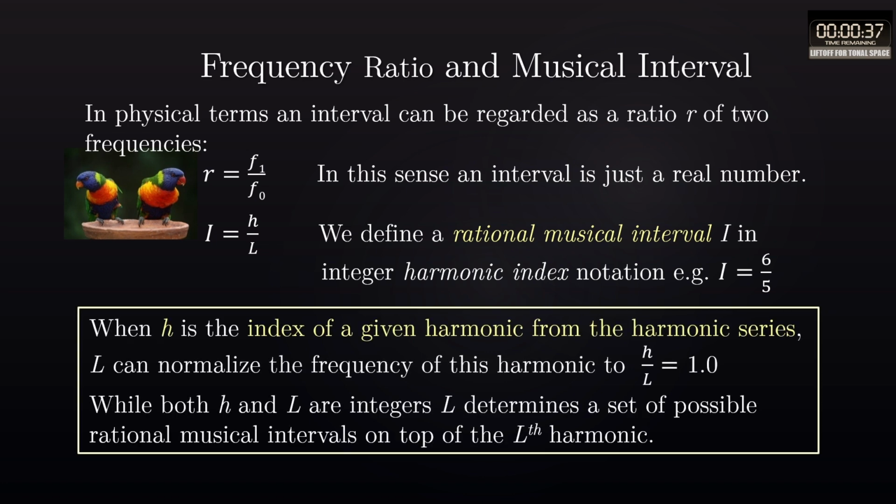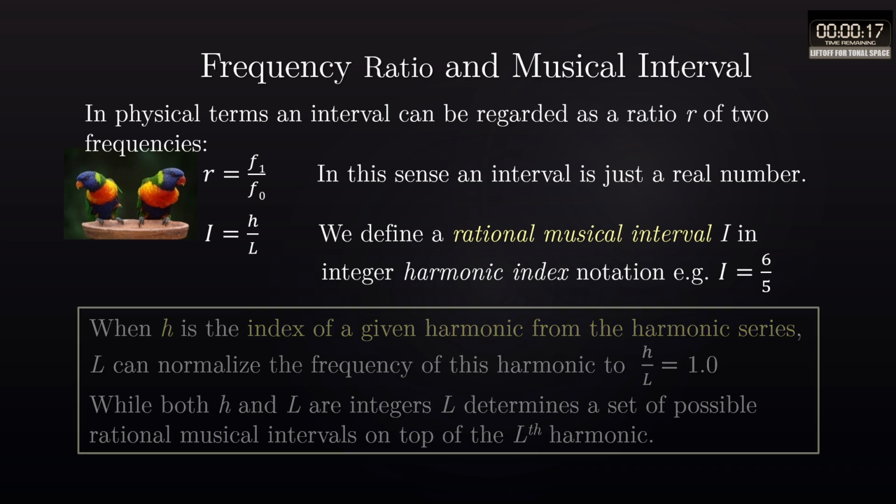When H is the index of a given harmonic from the harmonic series, L can normalize the frequency of this harmonic to 1.0. While both H and L are integers, L determines a set of possible rational musical intervals on top of the Lth harmonic.